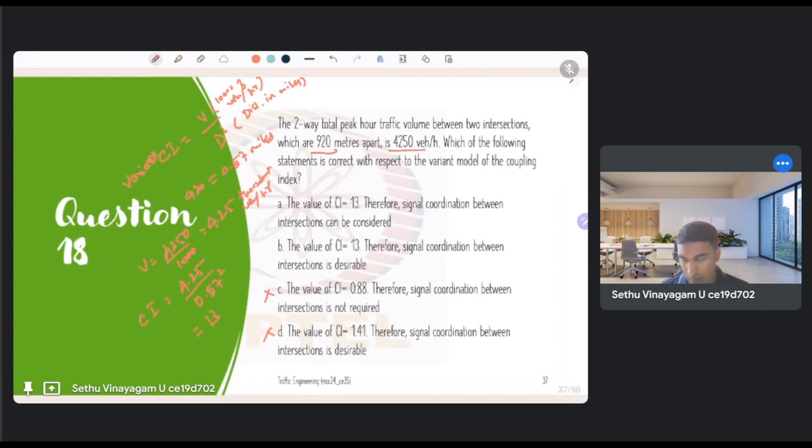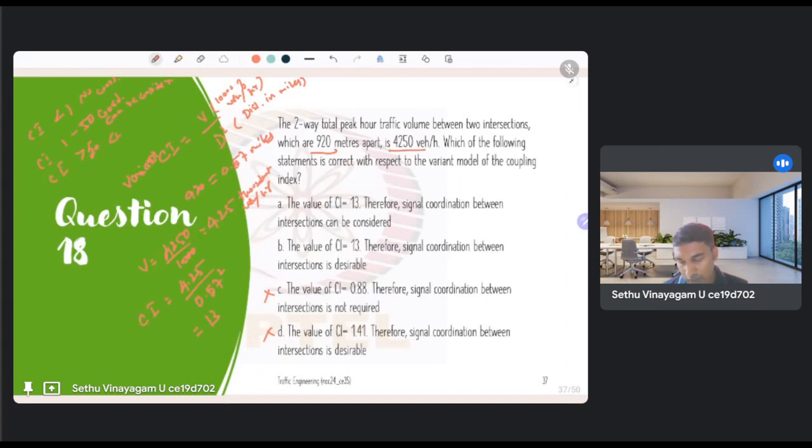Okay. So for the variant model, there are three cases that are possible: CI is less than 1, CI is between 1 to 50, and CI is greater than 50. When CI is less than 1, no coordination is required. When it is between 1 and 50, coordination can be considered.